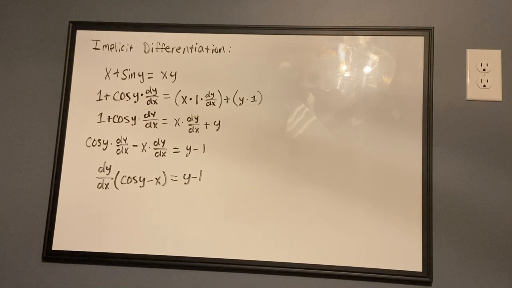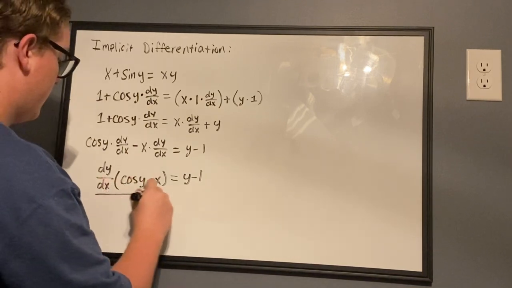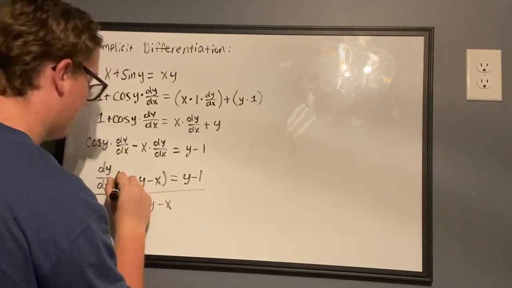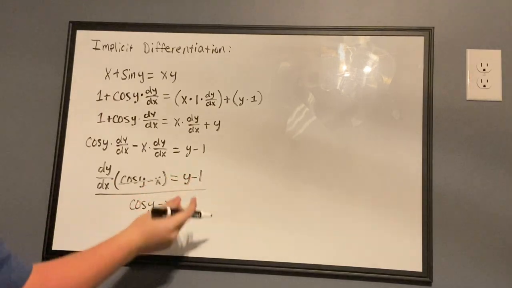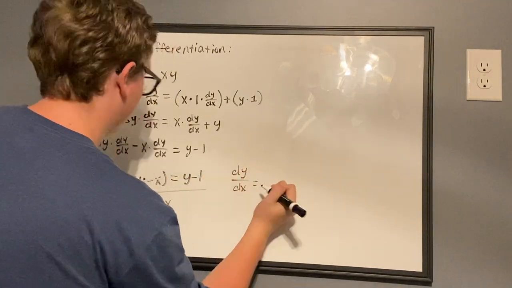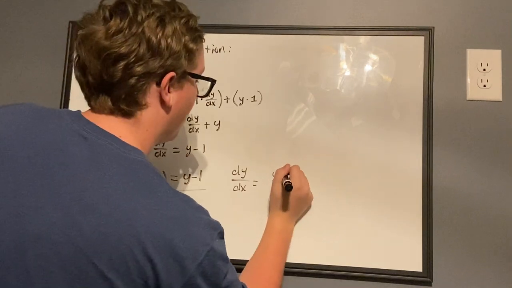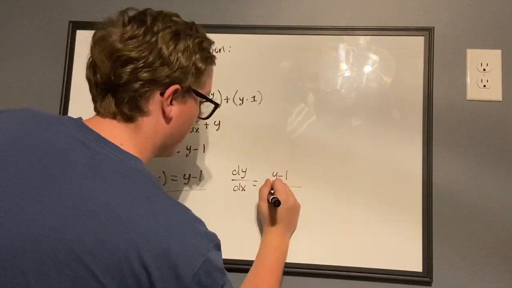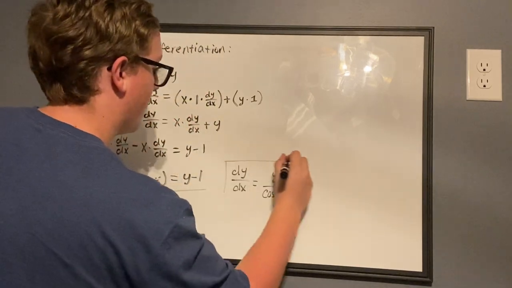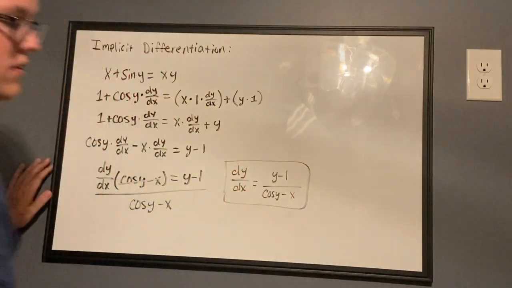Now, to get this dy dx on its own, we're going to divide everything by cosine y minus x. This cancels. This comes over here. So we end up with dy dx is equal to y minus 1 over cosine y minus x. That is our derivative.